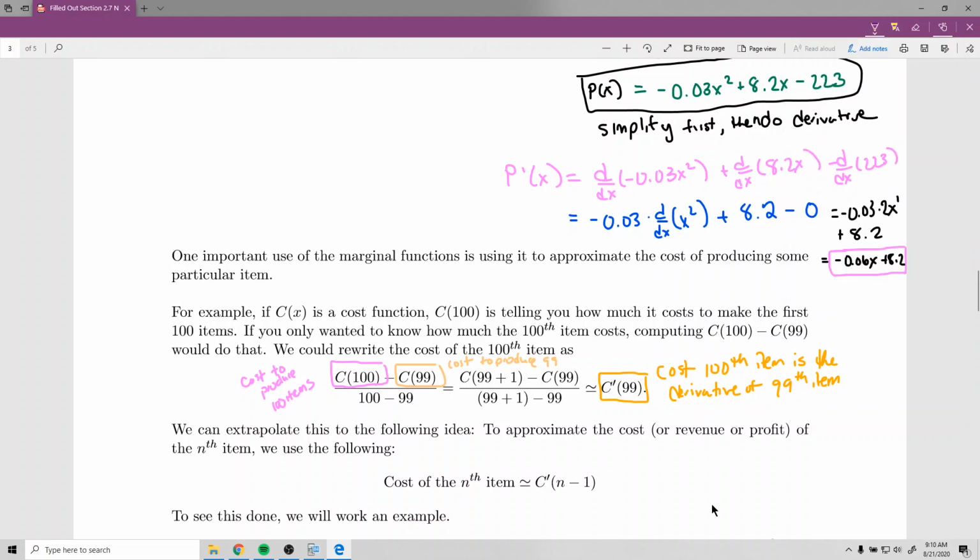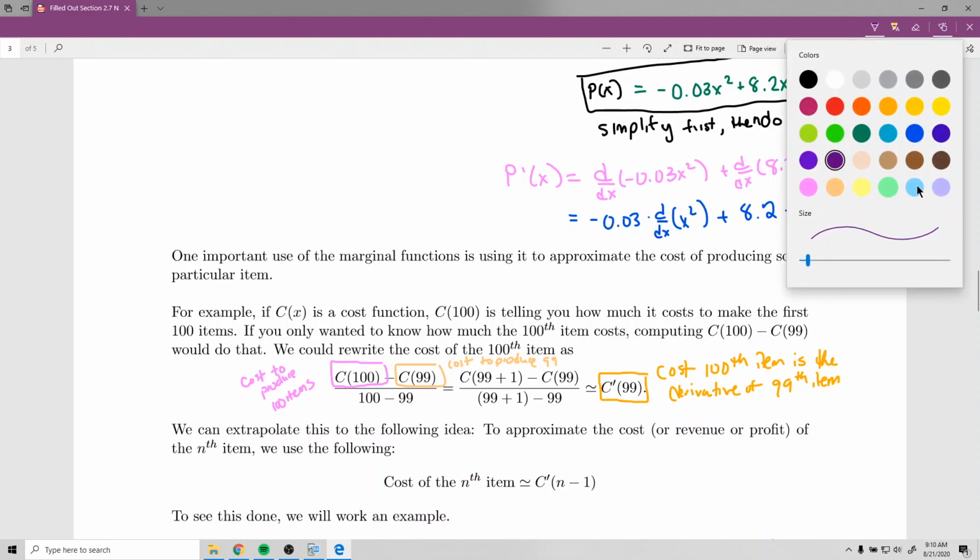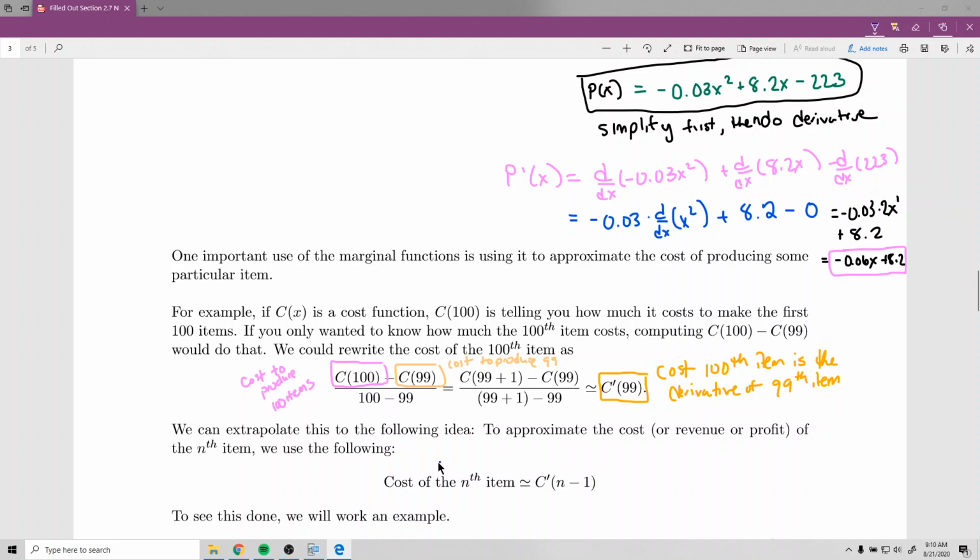I could have changed the 100 to 10, and what would happen over here is we would do the derivative of the 9th item. So we get the following formula, which we'll see is very useful because in general, it's easier to do a derivative and plug in a number than do this messiness. It says the cost of the nth item is about the derivative when we plug in 1 less.